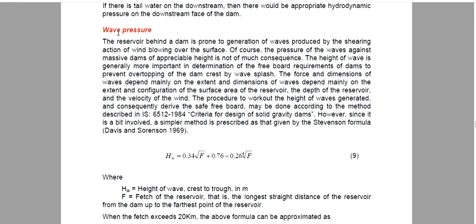Now, after the earthquake forces, the next force acting on a gravity dam is the wave pressure. The wave is generated due to the shearing action of wind blowing over the surface of water which is filled in the reservoir, and these waves put a pressure on the upstream side of the dam and the downstream side as well, if there is a tailwater in the downstream direction.